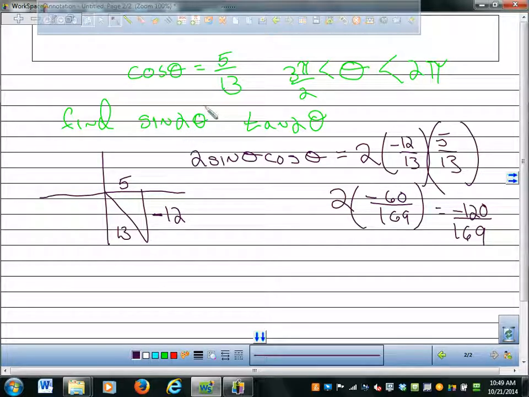So I'm trying to find sine of 2 theta, right? The formula for sine of 2 theta is this, yes? Right? Correct. Okay. So they give me cosine of theta is 5/13, and they give me theta is an angle in the fourth quadrant, right? And so I can draw the triangle where cosine is adjacent over hypotenuse. I can do the Pythagorean theorem, find this side, and it's negative there.